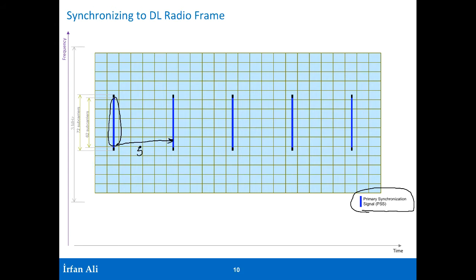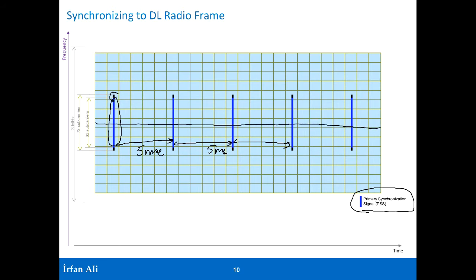So every 5 milliseconds the mobile starts seeing this structure. This is the very first thing the mobile is able to decode in the downlink channel, and this is centered right at the middle of the center DC frequency.